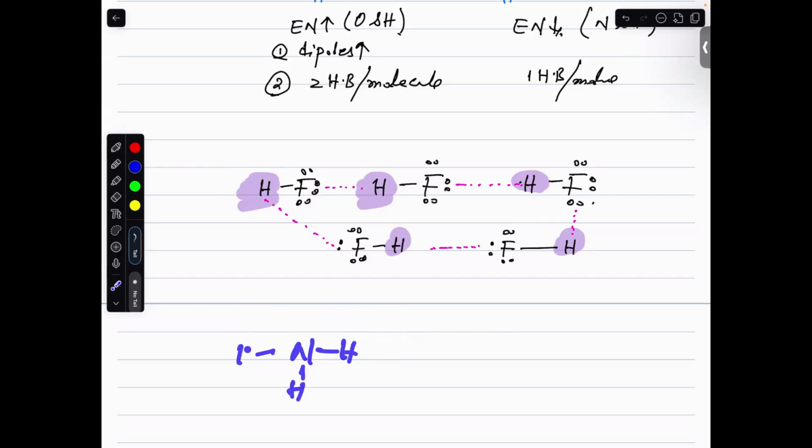In ammonia, even though the hydrogens are more, the lone pairs are fewer, so the hydrogens will not do hydrogen bonding. So you have to count the lone pairs and the hydrogens, and the one that is lesser will decide the average number of hydrogen bonds per molecule.